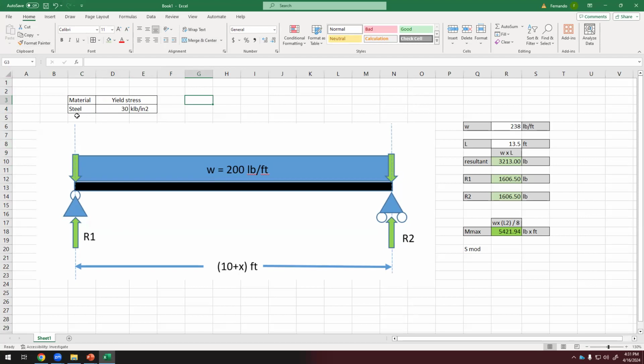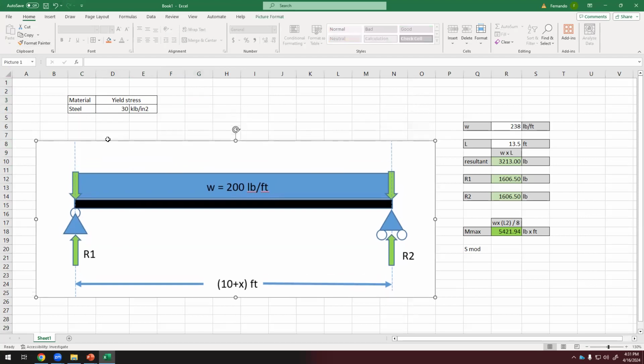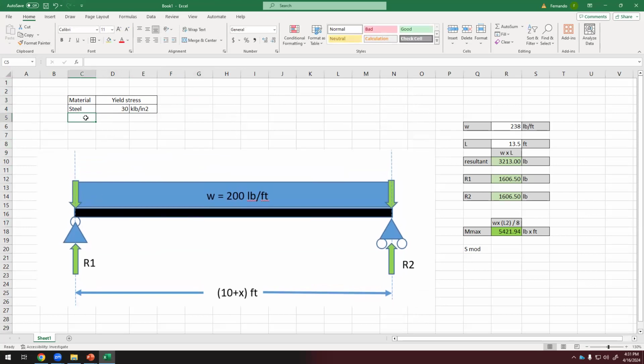Imagine that here I have concrete and I have wood. I will have different yield stress. I don't know, because in this course we have been working with steel. But if I find out the concrete yield stress or the wood yield stress, I will write it down here, and that's it. Those units will always be kilopounds per square inch.